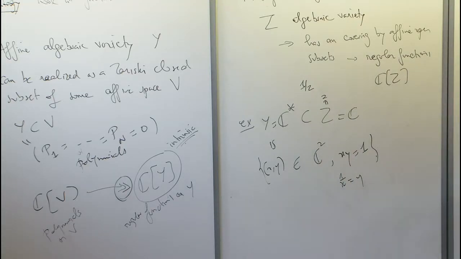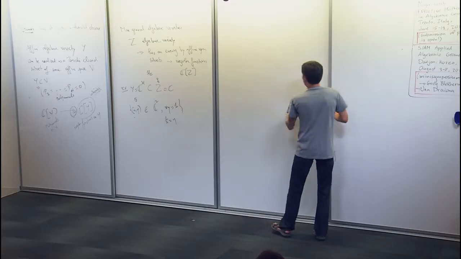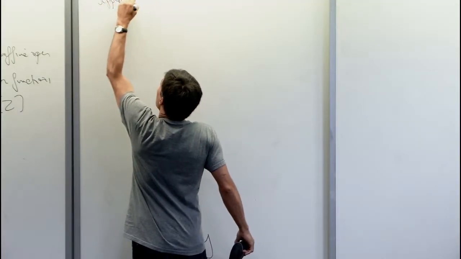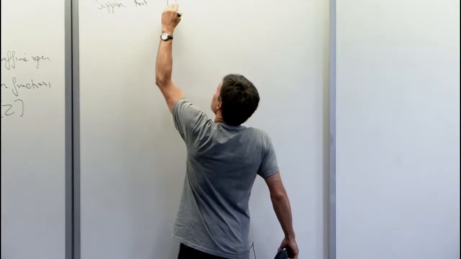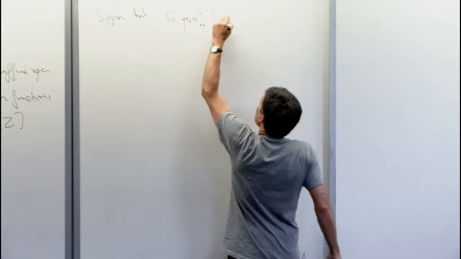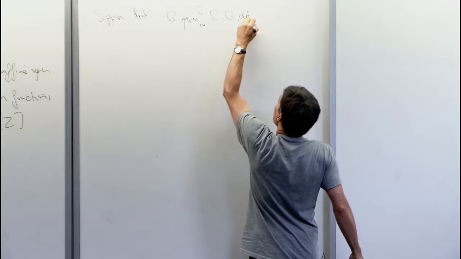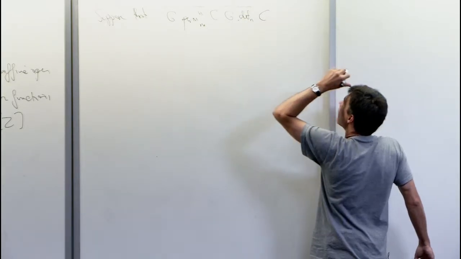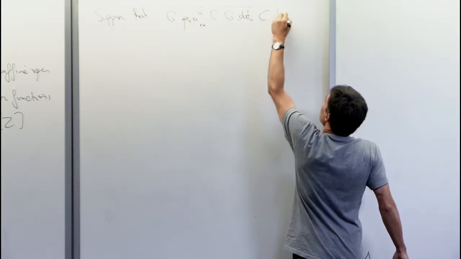So suppose that we have the Zariski closure of the orbit of the permanent contained in the Zariski closure of the orbit of the determinant, so inside this space Vn.